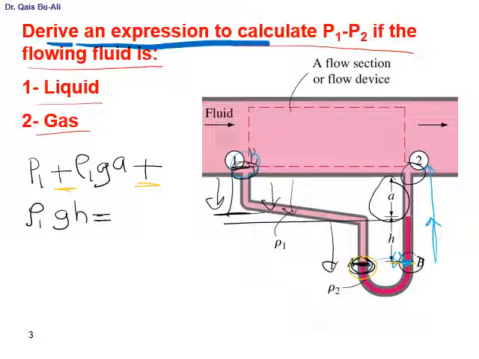I am here now and I will go up, so instead of this equal, I will say minus. Sorry for that. I am going up, so from here to here it is rho 2 G H. I jumped here, then from here I went up, so I have this minus sign.